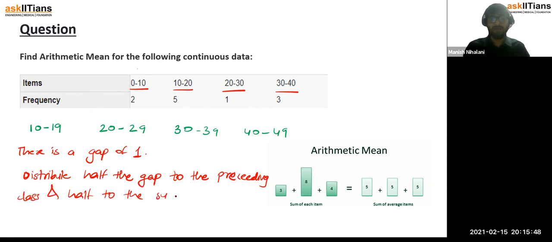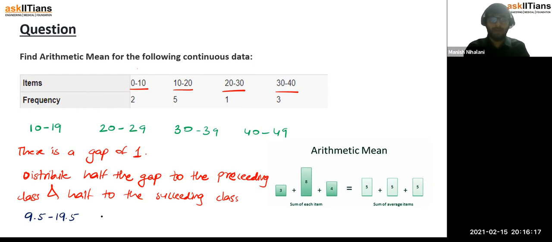In this case, the gap is a total of 1, so 0.5 will be given to 10 to 19, which means your revised interval would be 9.5 to 19.5, because you need to increase the preceding class by 0.5, and you need to decrease the succeeding class by 0.5.